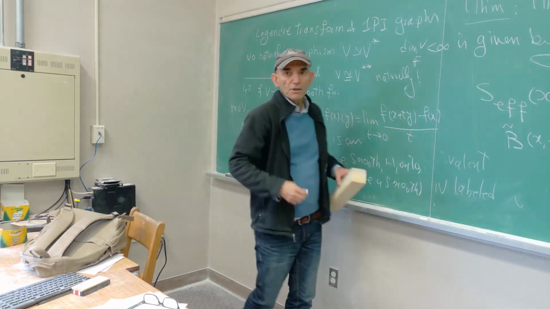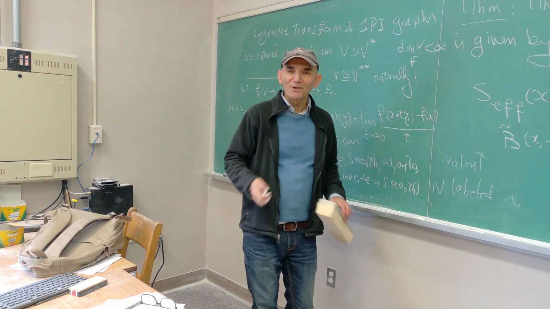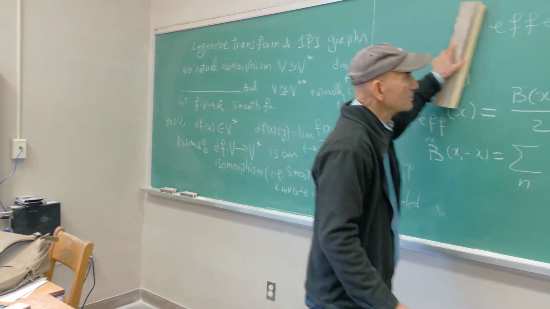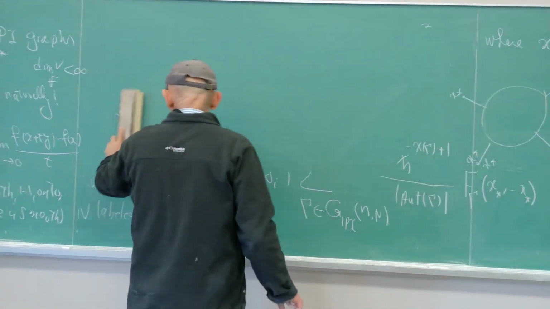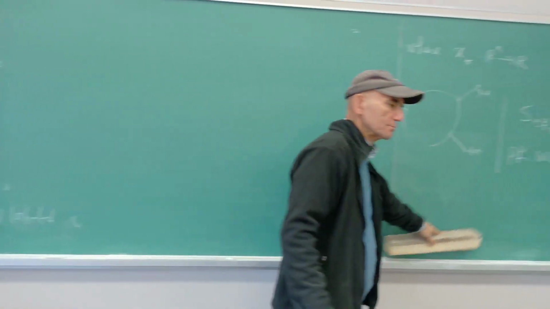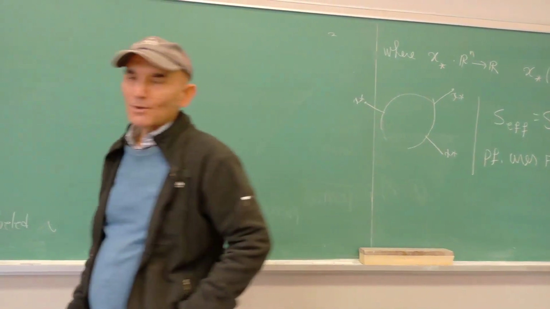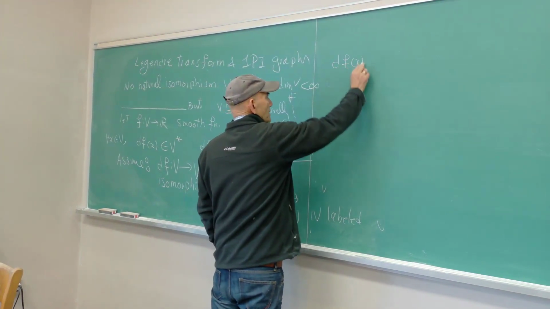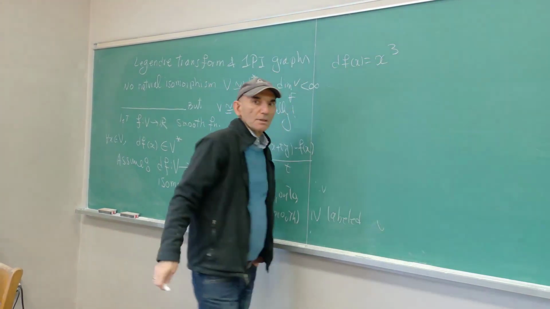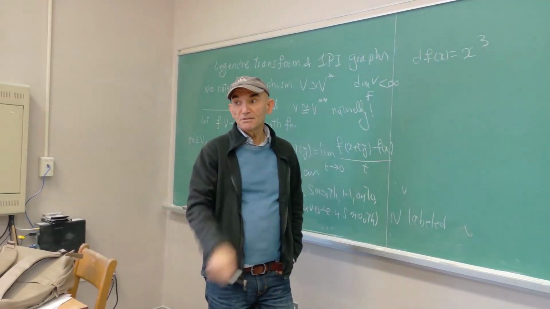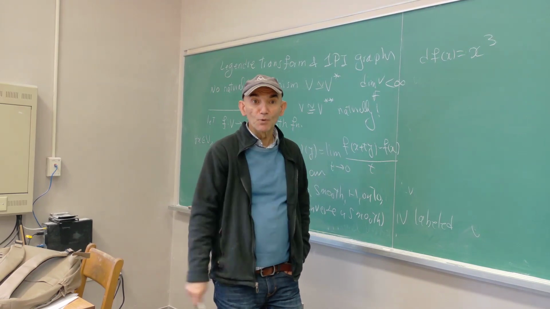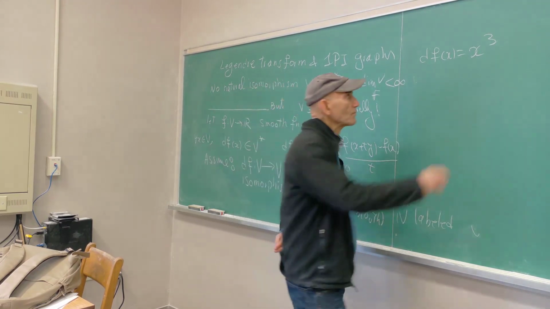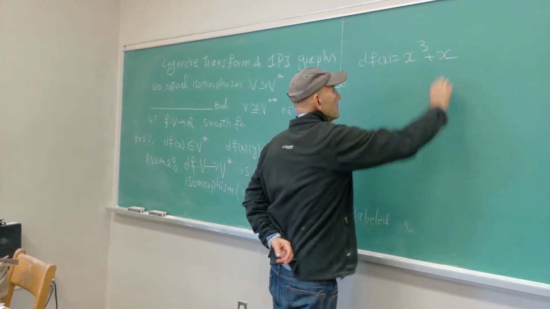Can you give me a nonlinear isomorphism from R to R? I was going to say f of x equal to x cubed. This is pretty good, but unfortunately the derivative at 0 is 0, so the inverse at 0 is not smooth. So we have to repair that. I can add x to it: x cubed plus x.